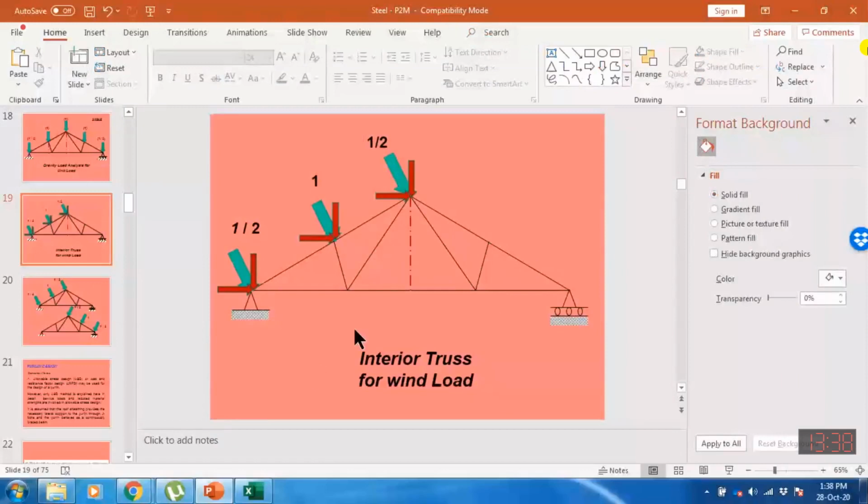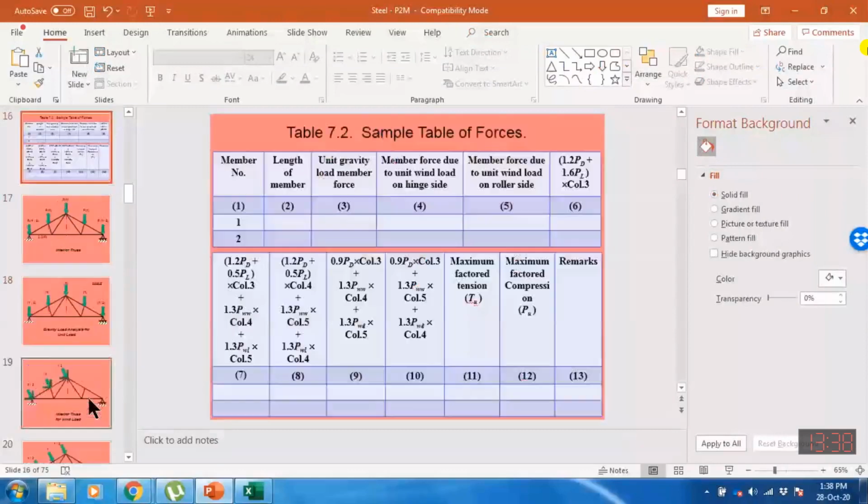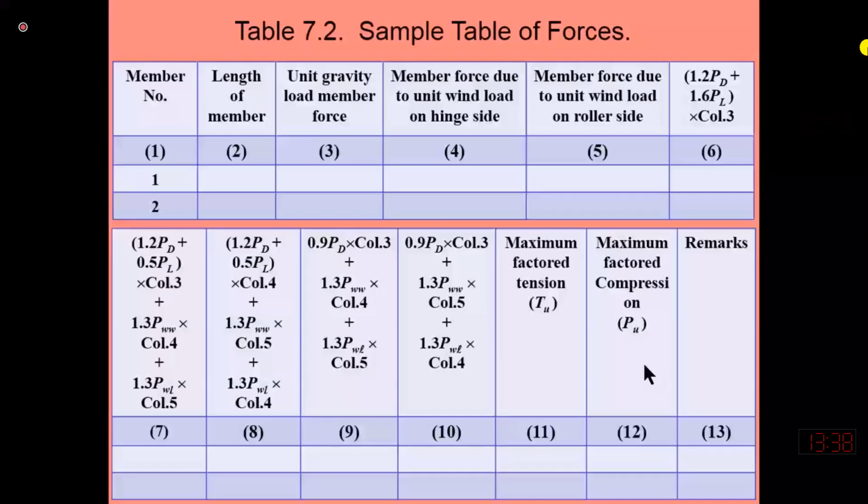Next, here you have a table of forces. This table of forces is also given in your book. I have the third edition, and some of the students might have the fourth edition. On page number 267 in the book, it is Table 7.2, which is referred to as the table of forces.